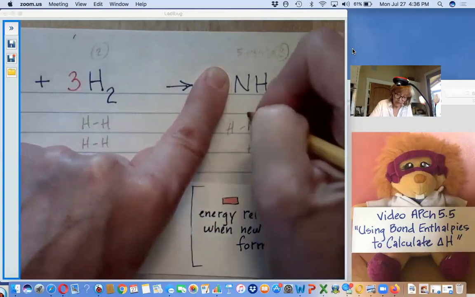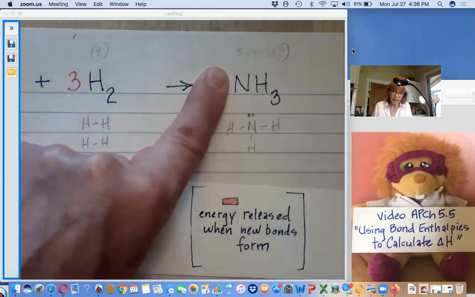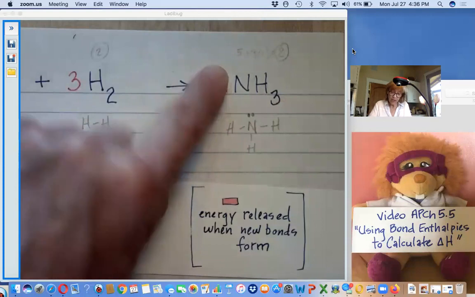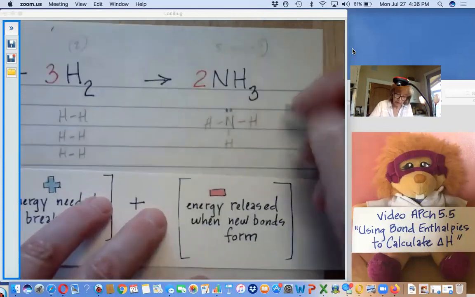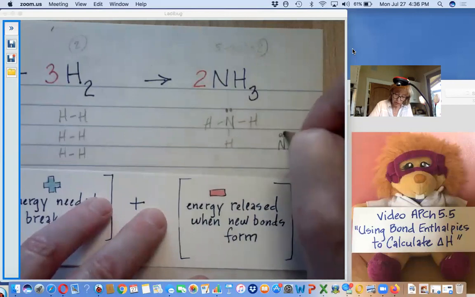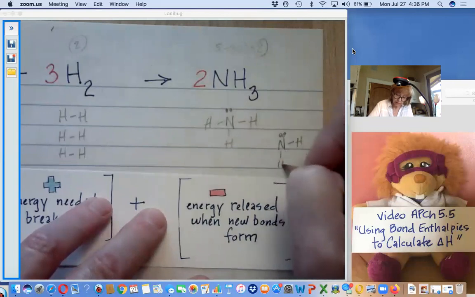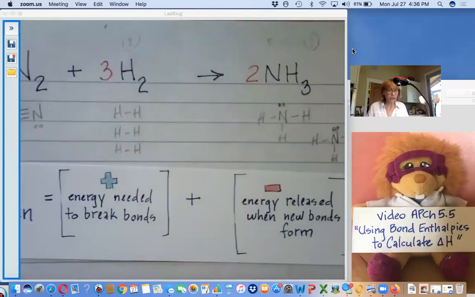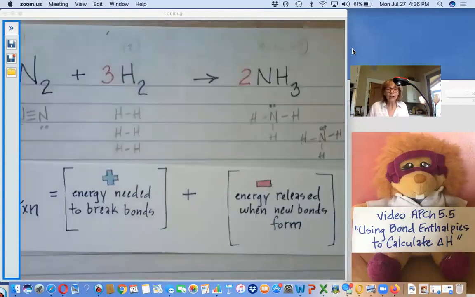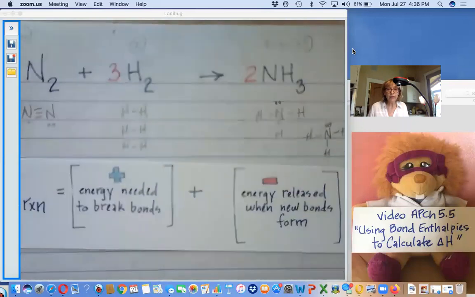I'm going to put 7, 8 right there. That's the Lewis structure for ammonia. Now I have 2 of them, so I'm just going to draw that picture again. Now that I have my Lewis structures in front of me, I can use my table of bond enthalpies.